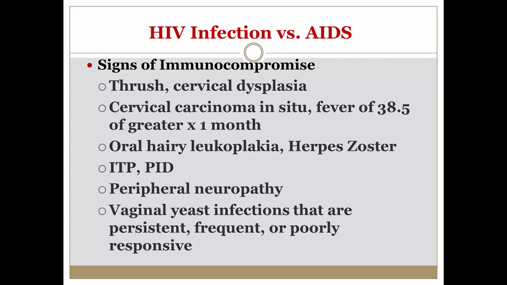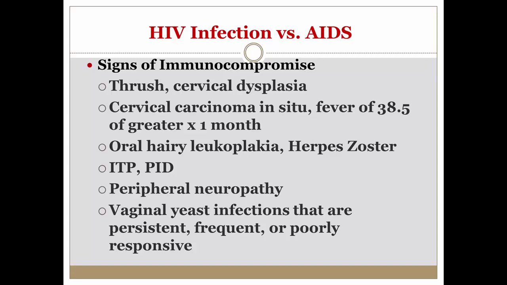So once again, as we think about infection versus AIDS, when we look at infection, we're looking for signs of immunocompromise. So you look for the presence of thrush, candida, in the mouth. Cervical dysplasia in a female. Dysplastic cells, remember, are abnormal cells.